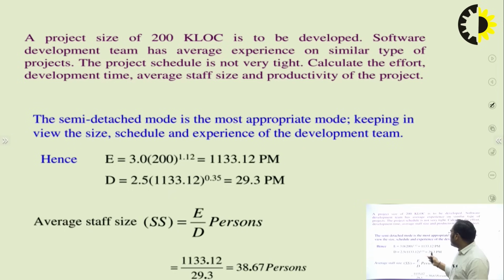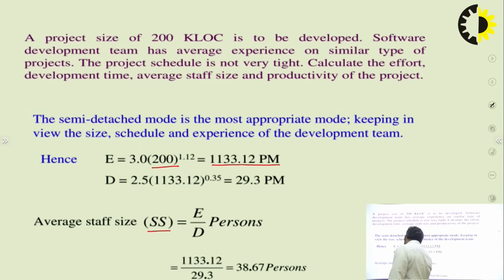For calculating the value, you use the formula E equals 3.0 into the project size, which is given as 200. So by using the value 200 here, this is the project size, and you will calculate the value of E. Similarly, to calculate the average staff size, that is SS, you will calculate only on the basis of E and D. If E is given and D is given, then by putting the value of E and D, you can easily calculate.